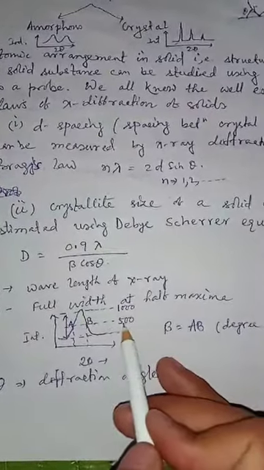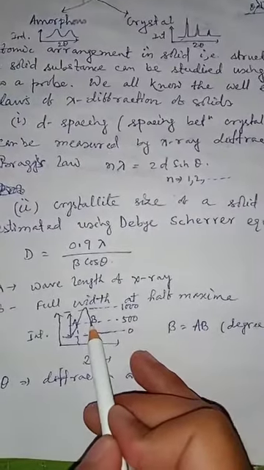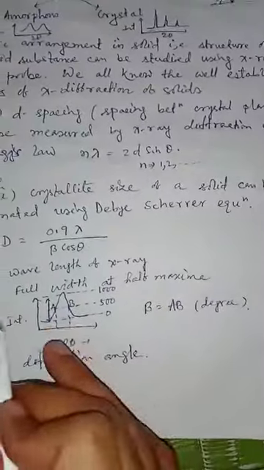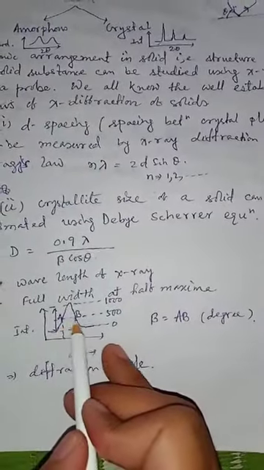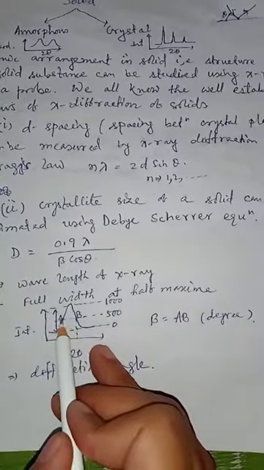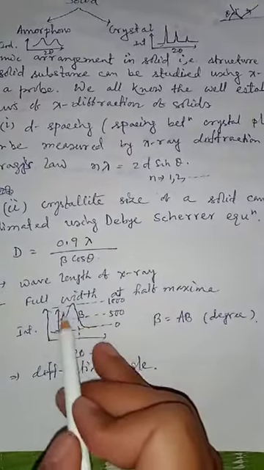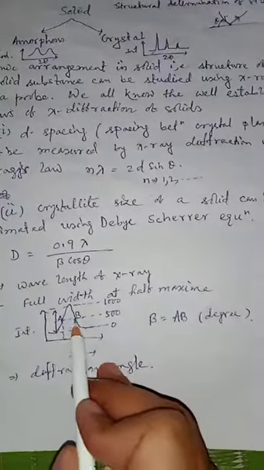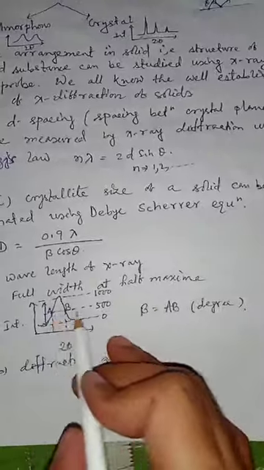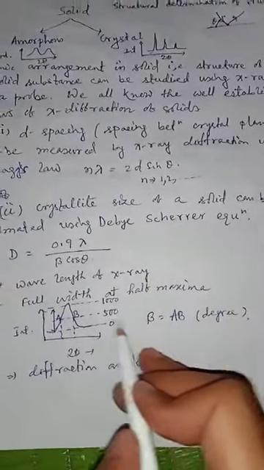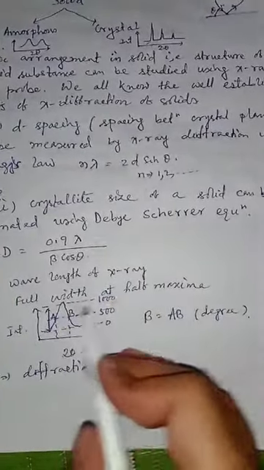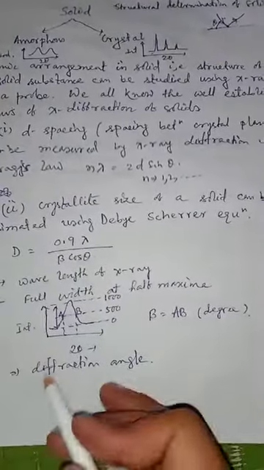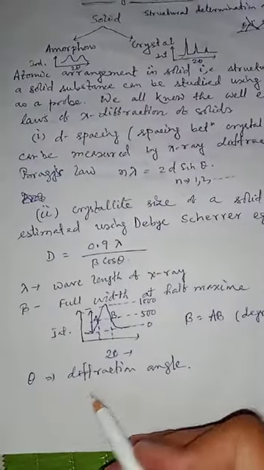So the half will be 500. So 500 will be at this position. Now 500 is the half maxima, that is, point A and point B represent the half maxima of the peak. Width means this spread from A to B. So the AB distance will be the full width at half maxima. That will also be in 2 theta, and theta is the diffraction angle.